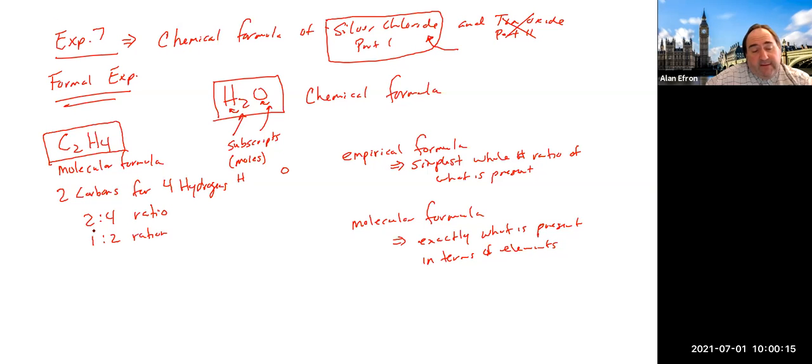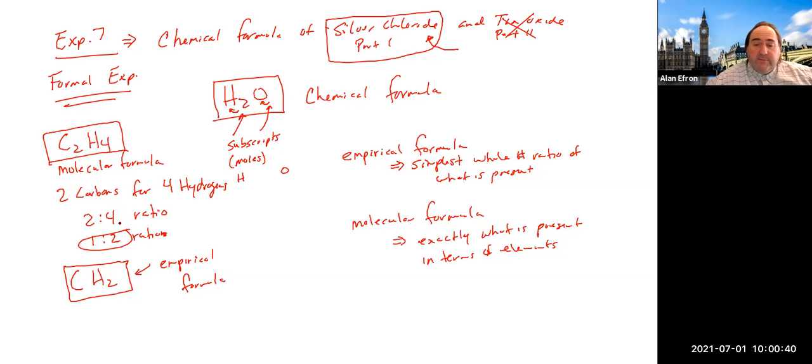If you divide everybody by 2, you get 1 and 2, which means we could reduce the molecular formula down to CH2. And this formula here would be considered the empirical formula. It is the simplest whole number ratio of what is present in our molecular formula over here. So this is the relationship between a molecular formula and an empirical formula.